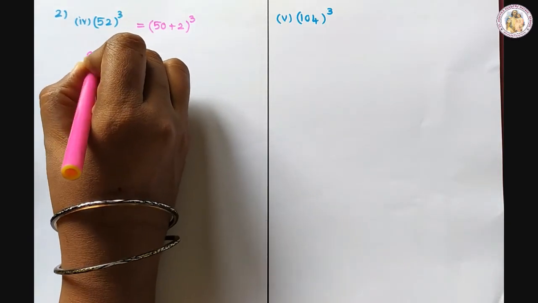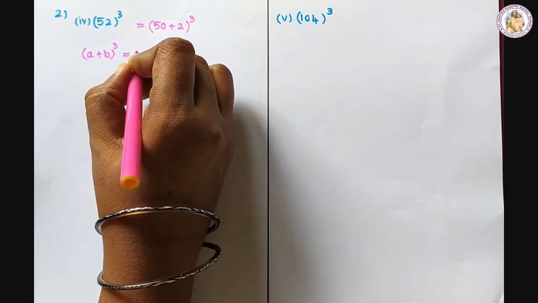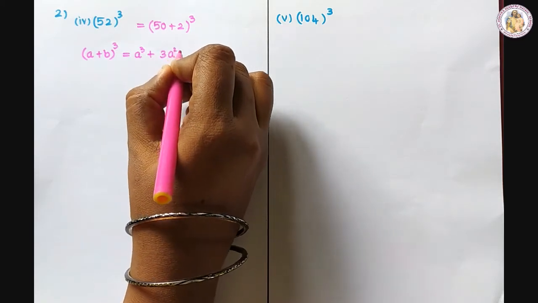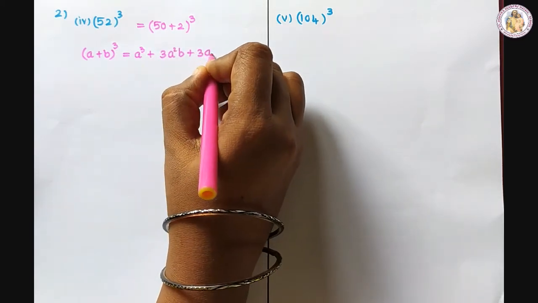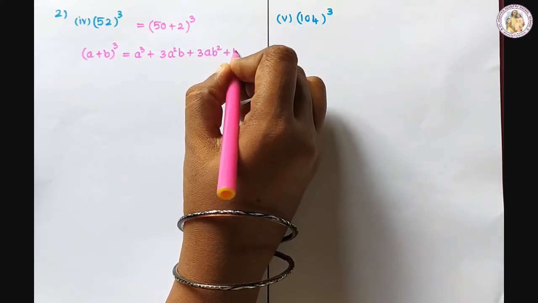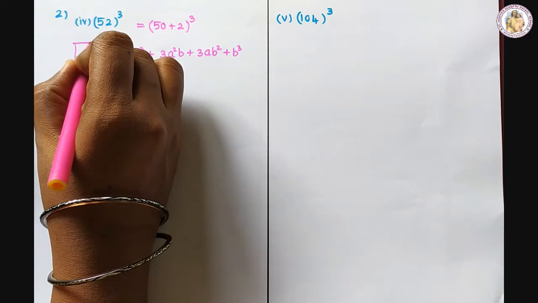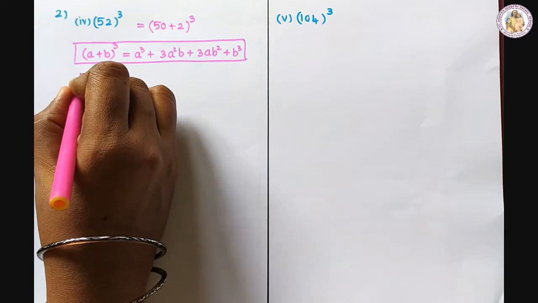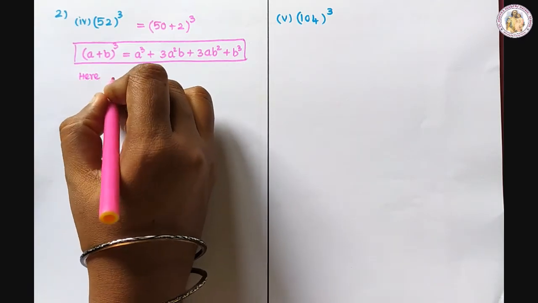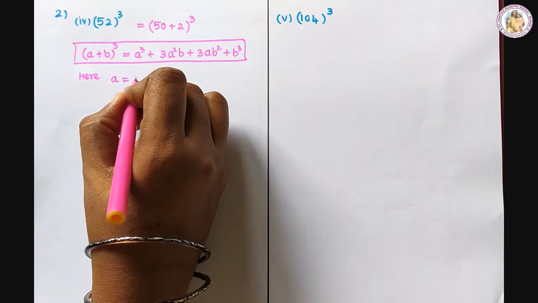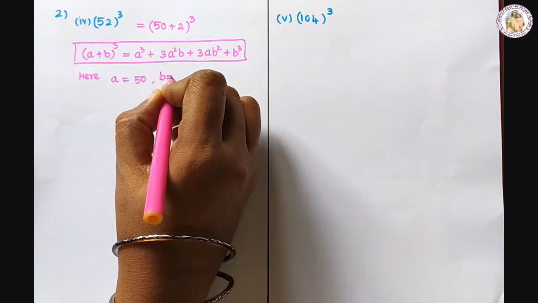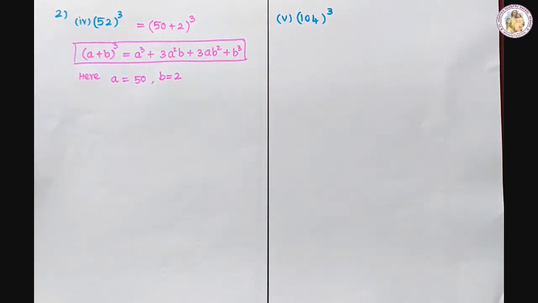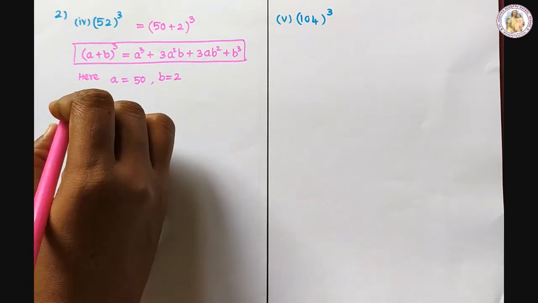So a plus b whole cube equal to a cube plus 3a square b plus 3ab square plus b cube. Now write the values of a and b. Here a equal to 50 and b equal to 2. Now substitute the values.